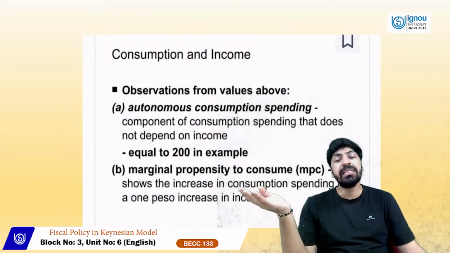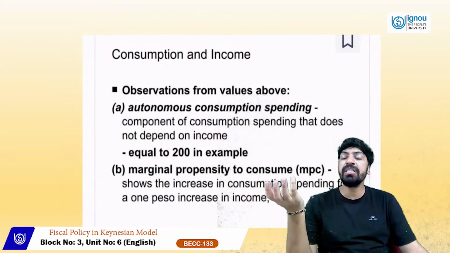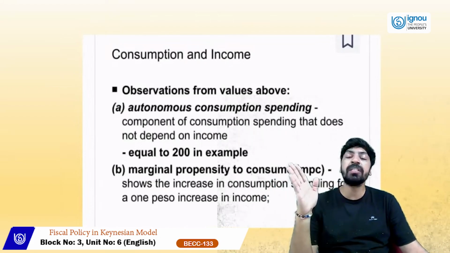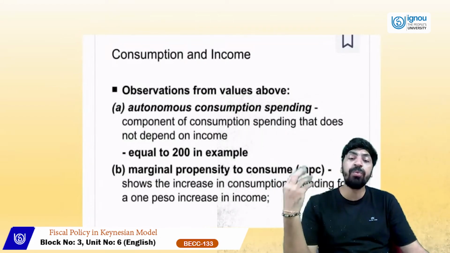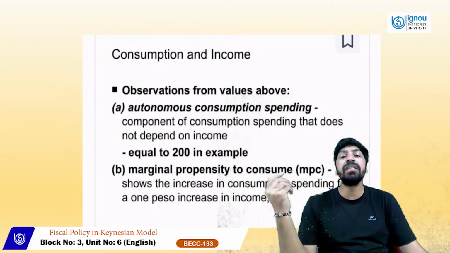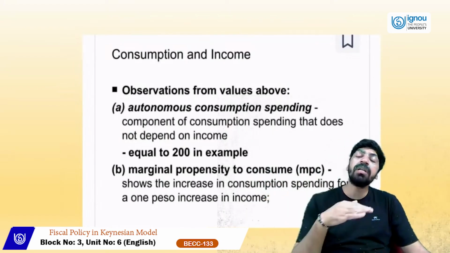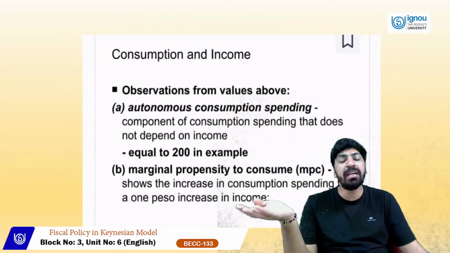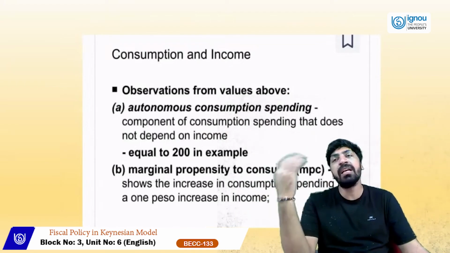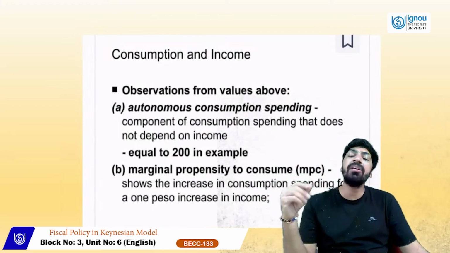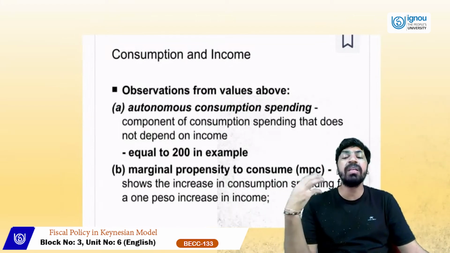The next concept, which has been calculated in the earlier table called the consumption schedule, is MPC, the marginal propensity to consume. That means your consumption spending totally depends upon your income. If your income is increasing, then automatically your consumption spending is also increasing.